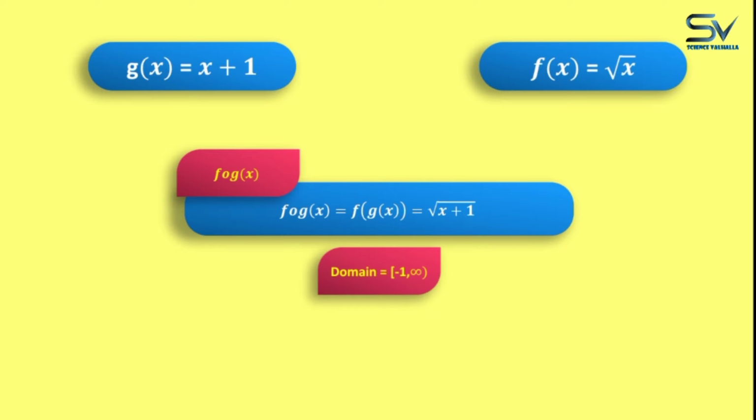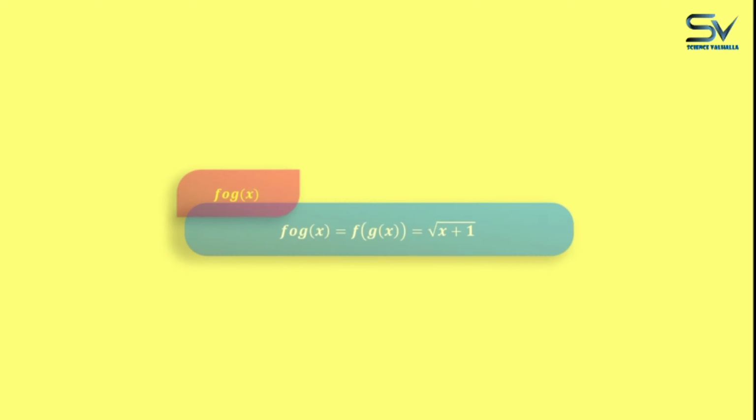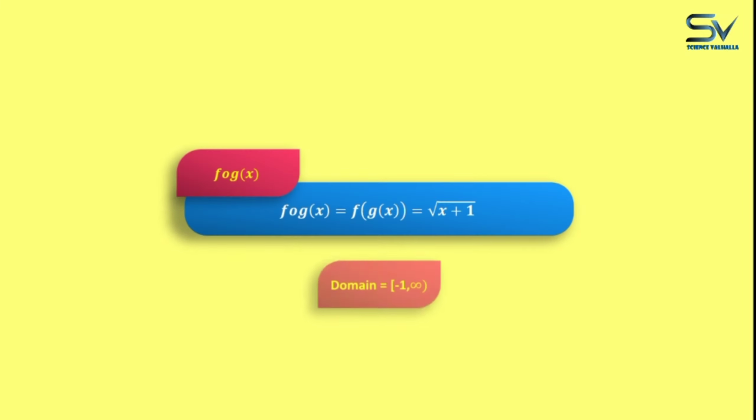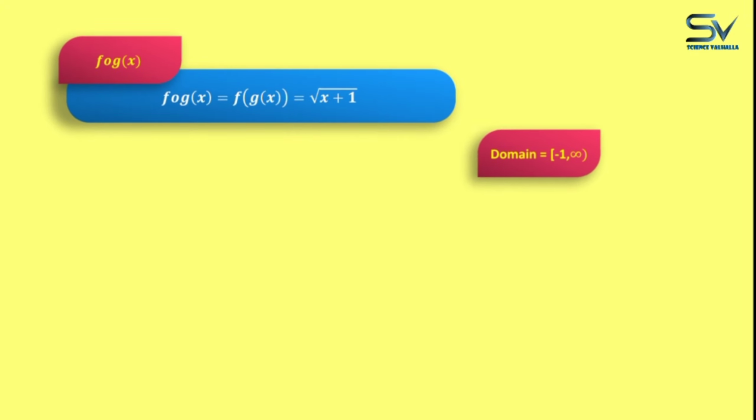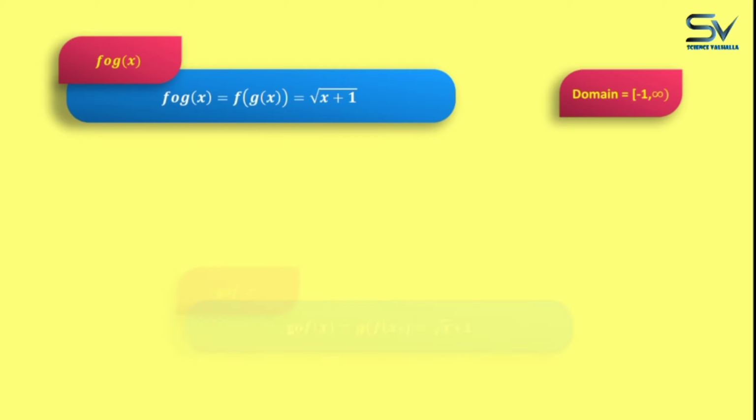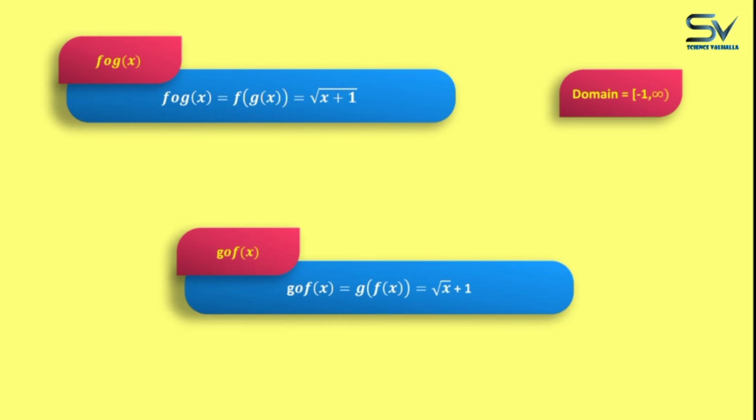We can also create more composite functions. Like, we made f of g of x. We can substitute the function f into the g function. In this way, we get another composite function.